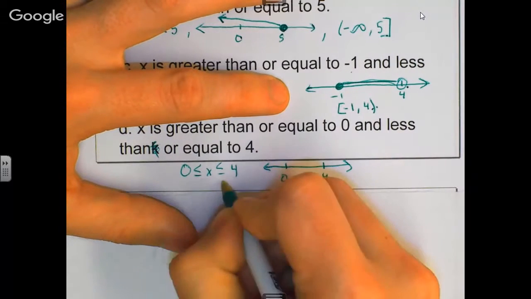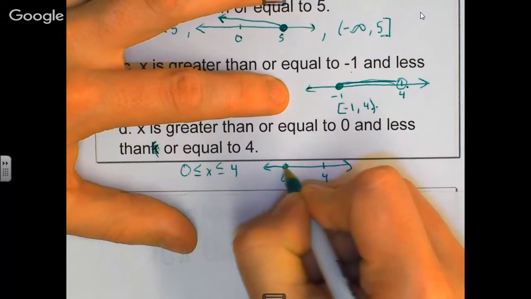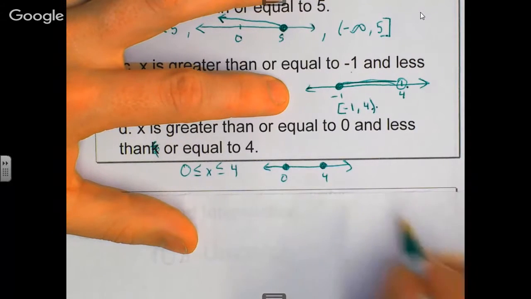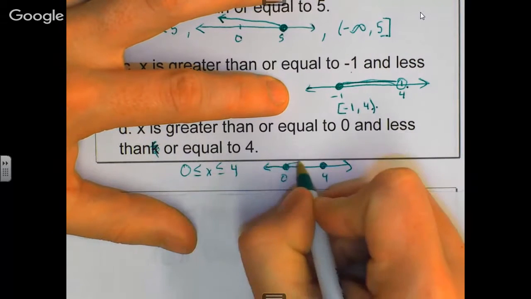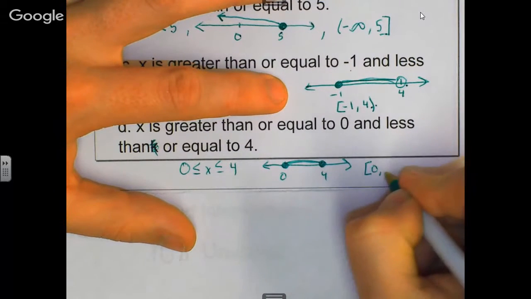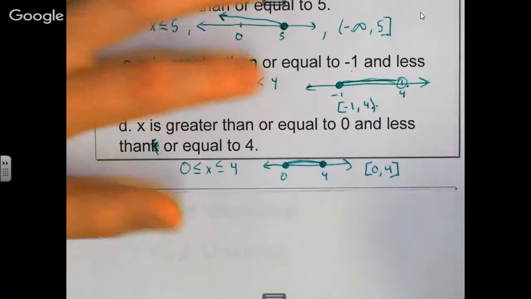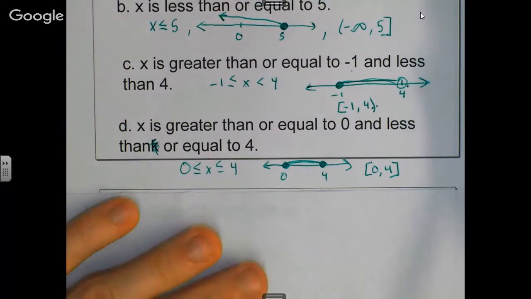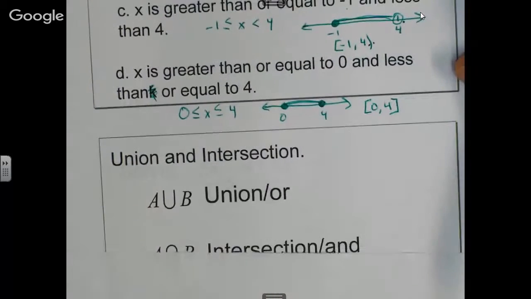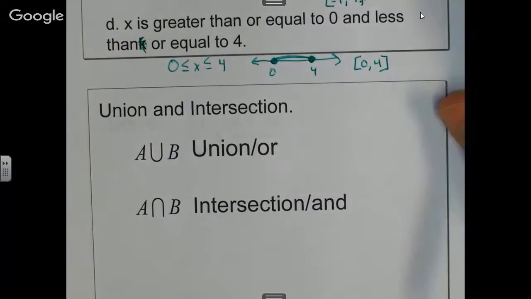They are both equal to, so I can choose both of those numbers, so we've got filled-in circles. And x is less than 4 but greater than 0. So then we have 0, comma 4 with brackets, inclusively. I can include both of those numbers. We have union and intersection.